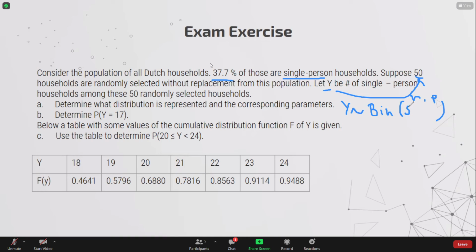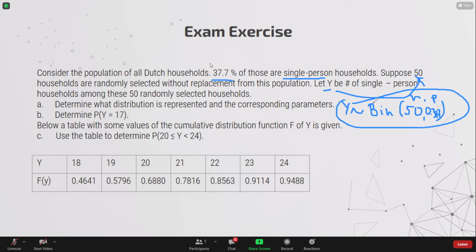Yes, that's right. And then the probability? 0.377. Yes, exactly. Thank you. And that's our binomial distribution for point A. That's everything we need to know and to write down.